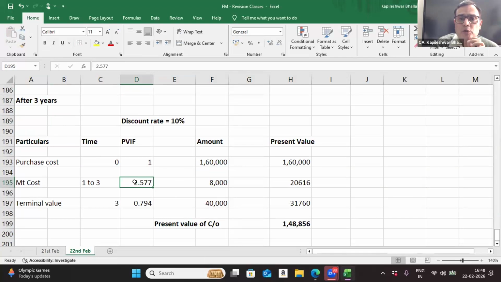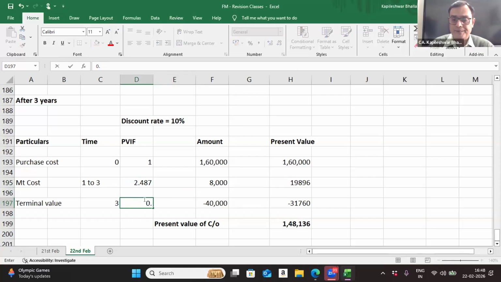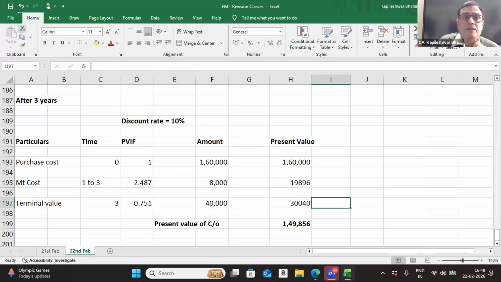Maintenance cost, we need a new P factor. So let's see what the present value factor is now at 10% for 3 years. I think this is 2.487. And the terminal value at the end of the third year, the factor would also undergo a change. That's 0.751. Okay, so I think this takes care of the input.